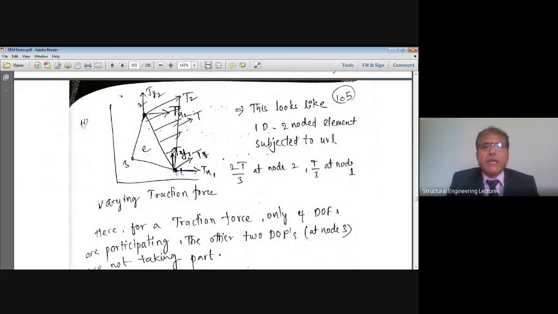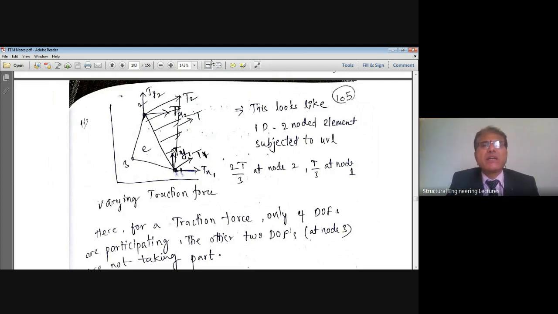Then sometimes the traction force acting will not be constant. It may vary in a triangular fashion, or it may vary in a trapezoidal fashion.